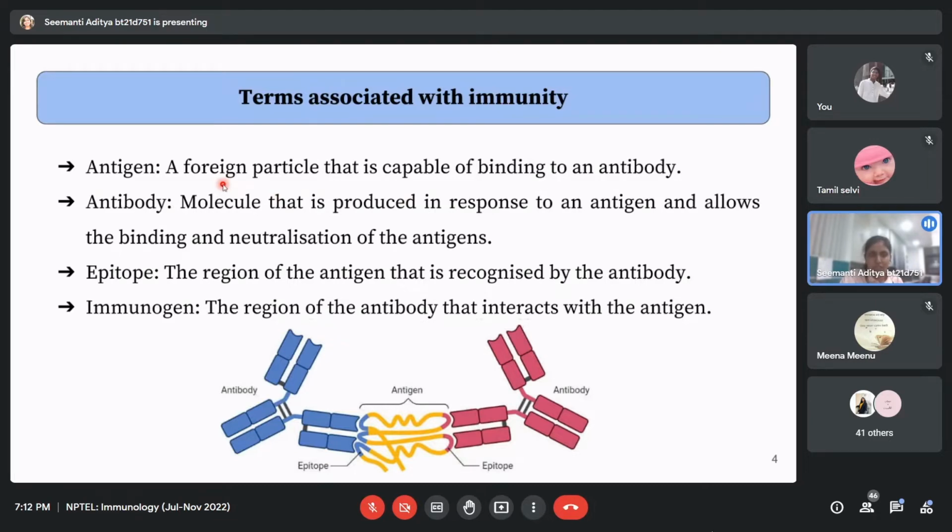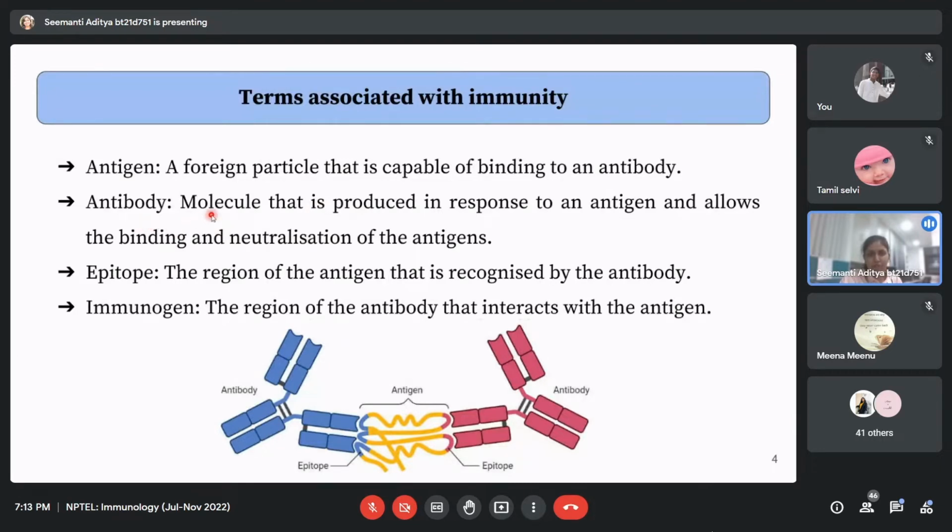An immunogen is a particle that is able to elicit an immune response, but it might not be able to bind to an antibody. But an antigen is a foreign particle which is capable of binding to an antibody. Some certain sequences of the antigen are complementary to the antibody, and that allows the interaction between antigen and antibody.